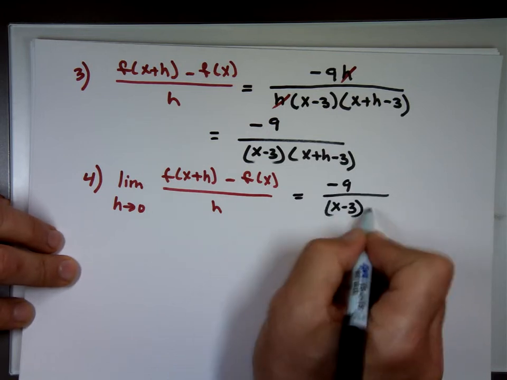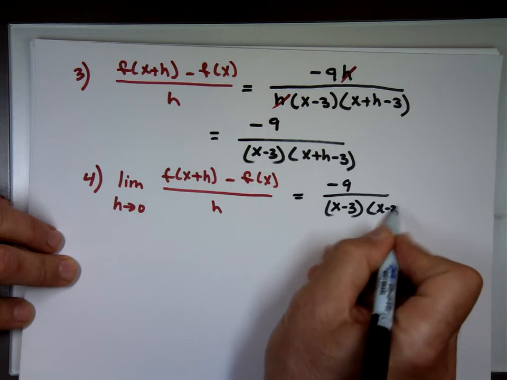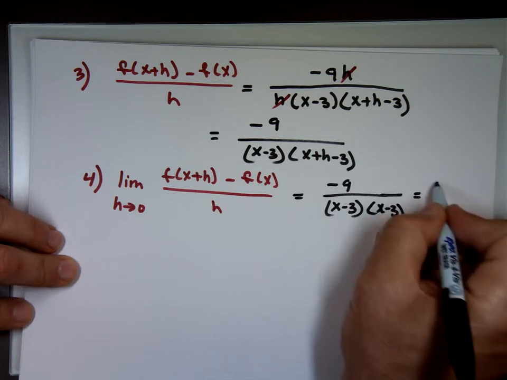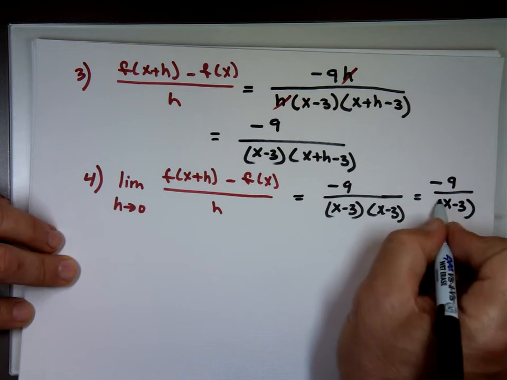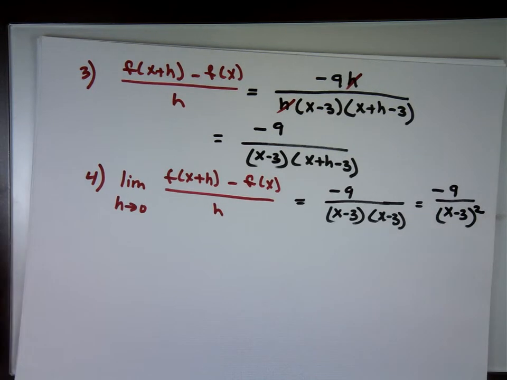X minus 3, and you end up with negative 9 over x minus 3 squared. Notice we're replacing h by 0, not x. Why did the second h disappear? Because you're replacing h with 0.